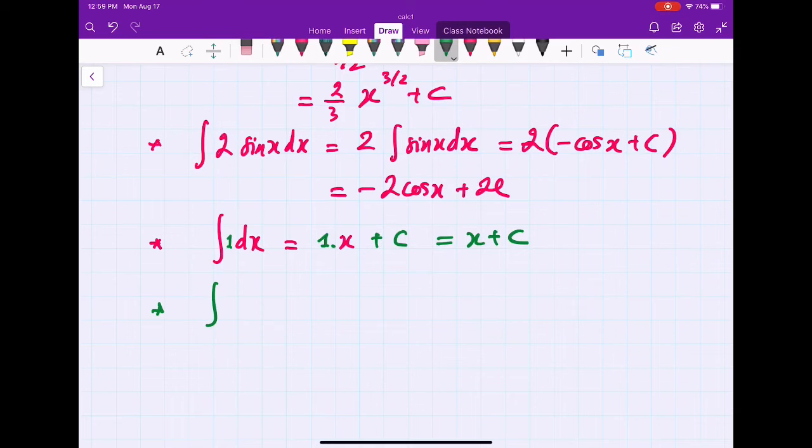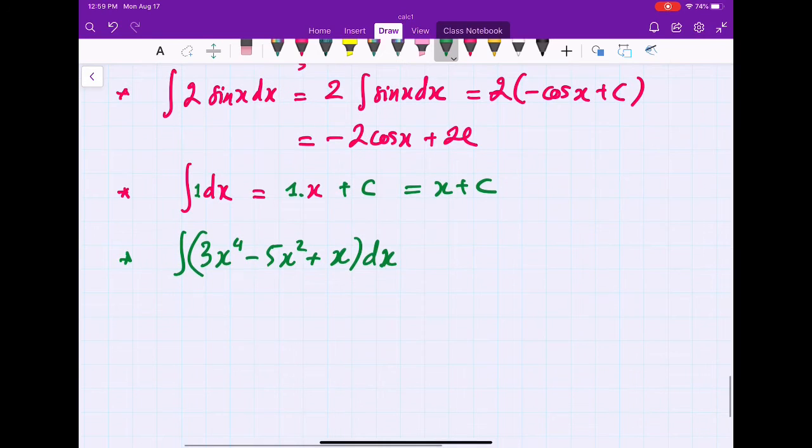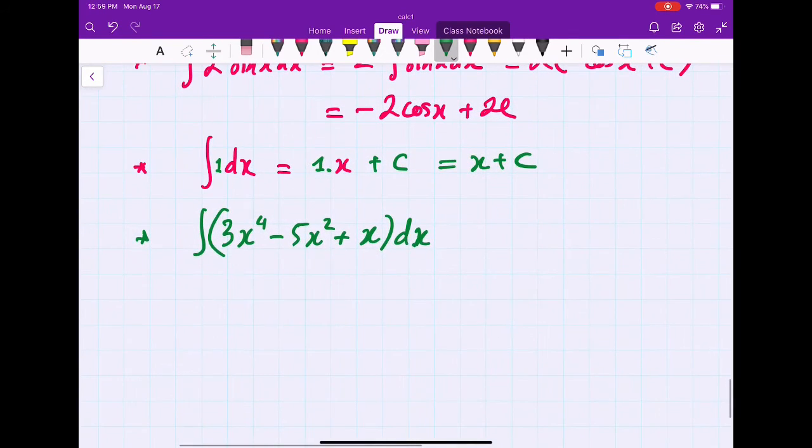Now let's apply the power rule for the following function. You have the integral of 3x to the 4 minus 5x squared plus x dx. And we have seen that integration is additive, so you can just break this integral into 3 integrals.